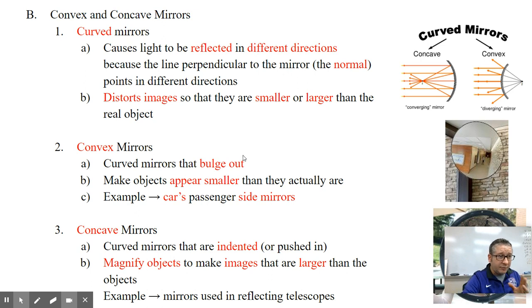Okay, so let's look at convex first. These are curved mirrors that bulge out and make objects appear smaller than they actually are. If you look at a car's side mirrors, it always says objects in mirror are closer than they appear. Well, that's because they have a slight bend or bulge that is bulging out, and it appears as though a vehicle coming up beside you is a little farther away when in fact it's right there.